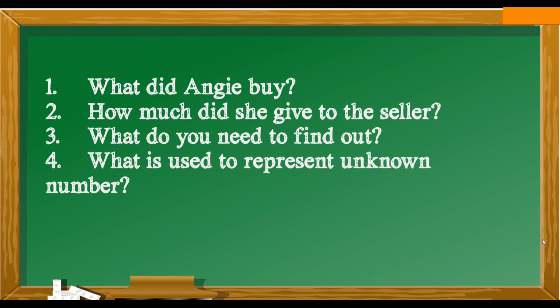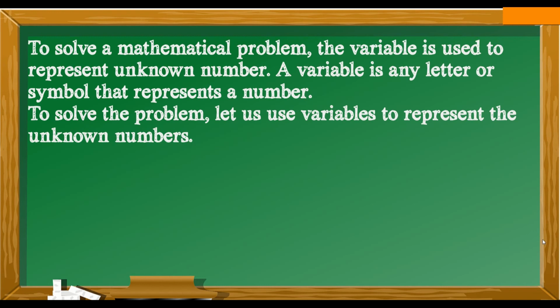Variable is used to represent the unknown number. To solve a mathematical problem, the variable is used to represent the unknown number. A variable is any letter or symbol that represents a number. To solve the problem, let us use variables to represent the unknown numbers.